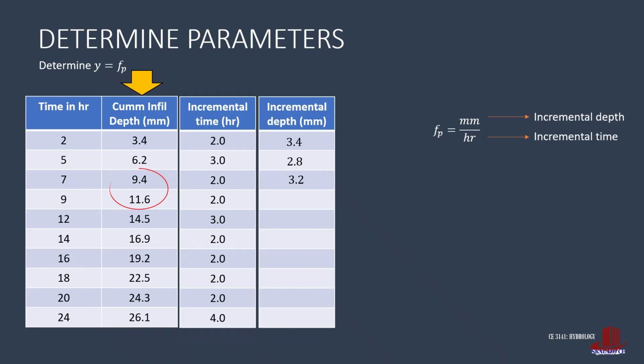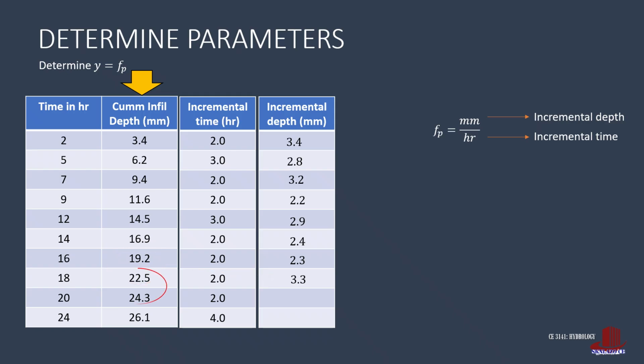Then also 11.6 less 9.4 is 2.2. 14.5 minus 11.6 is 2.9. And 16.9 less 14.5 is 2.4. 19.2 minus 16.9 is 2.3. With 22.5 less 19.2 as 3.3.